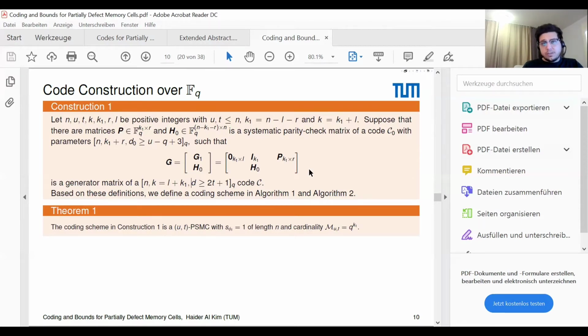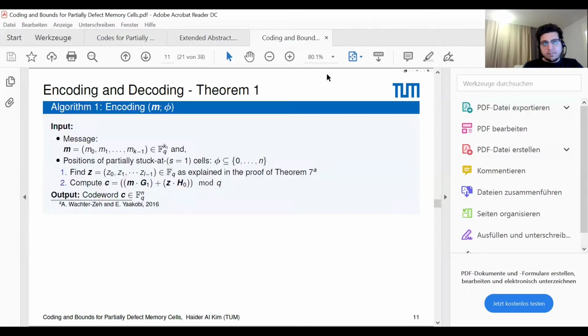And then based on the definition of algorithm 1 and 2 in the coming slides, this coding scheme in construction 1 is a U,T PSMC, so U partially stuck memory cell, and can correct T errors, while we consider here the stuck level equal to 1. Encoding and decoding, theorem 1, algorithm 1.